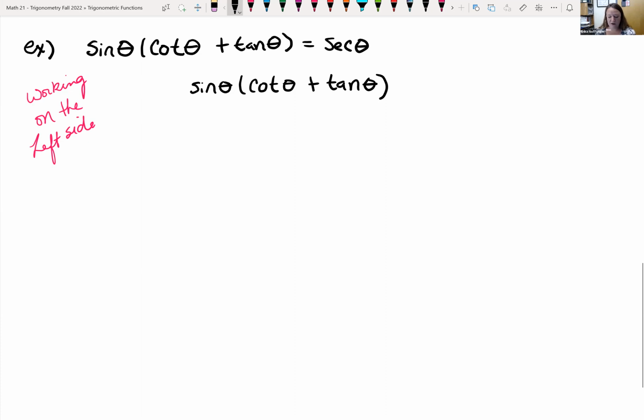One of the suggestions was to rewrite things in terms of sine and cosine. So maybe let's start by doing that. We have sine theta, all times cotangent theta, which is the same thing as cosine theta over sine theta, plus tangent theta, which was sine theta over cosine theta.